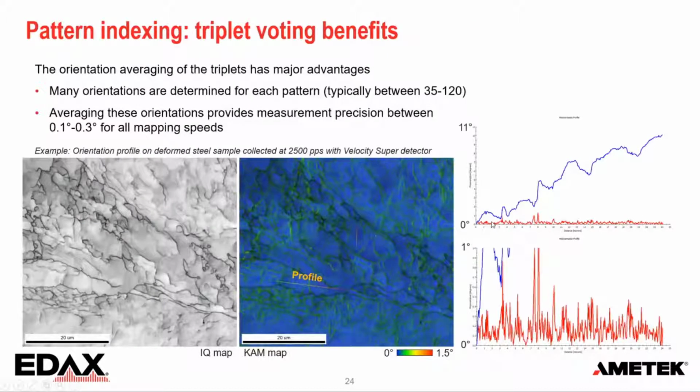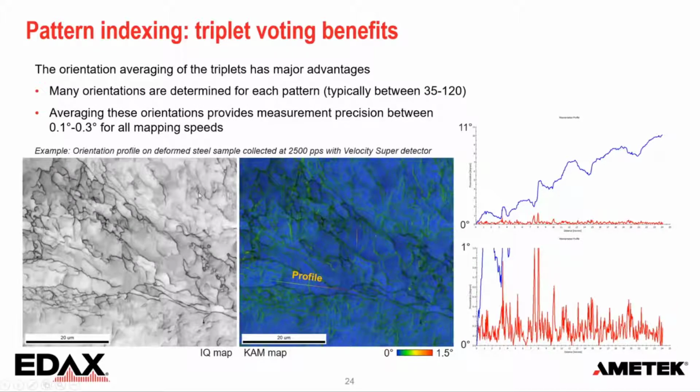One of the benefits of that is that for each pattern, we are typically calculating between 35 and more than 100 individual orientations, depending on the triangles that we can get. And when you average those, even if there is a little bit of noise in the band detection, the averaging really improves the measurement precision, so that at any mapping speed and even with relatively poor diffraction patterns, you can get indexing precision between 0.1 and 0.3 degree.